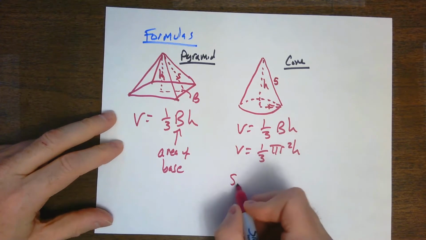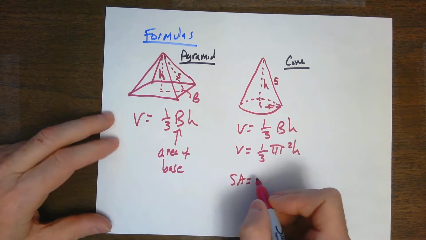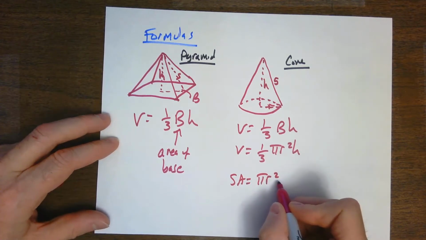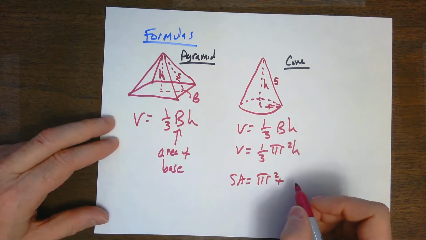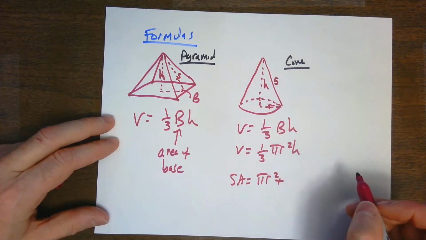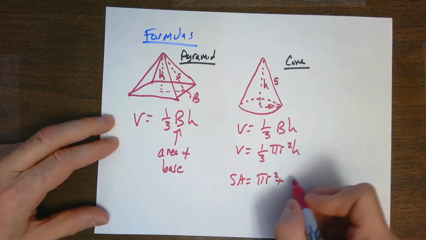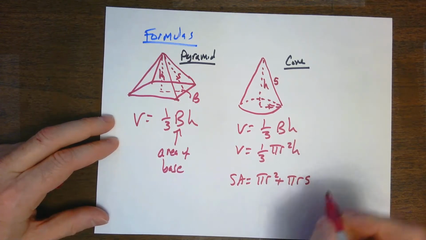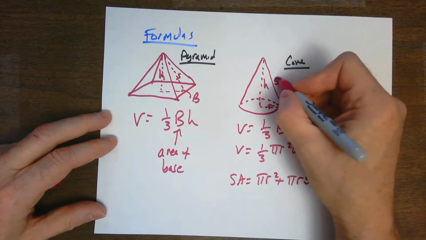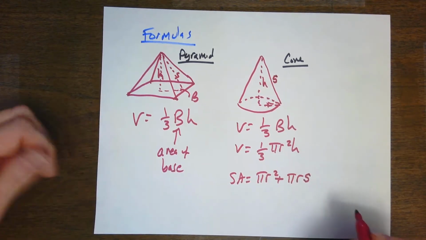The surface area of a cone is going to be the area of the base, which is pi r squared, plus the shape going around there, like an ice cream cone, which is pi r s, pi times the radius times s. I know s is horrible, but we're stuck with it for the slant height.